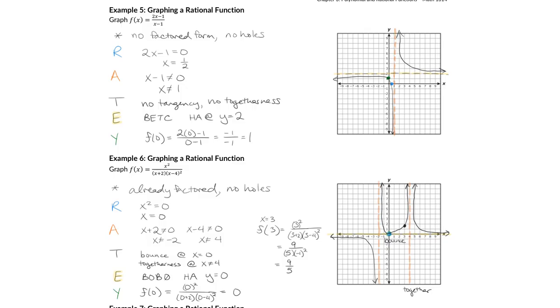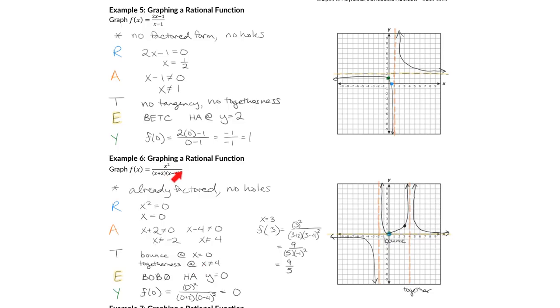About the togetherness. Yes. Just in general? So in this one up here, there was no squares. So there's no tangency, no togetherness. Every x-intercept should cross through, and every vertical asymptote should be opposite. On this one, because there's a square in the numerator and a square in the denominator, there will be tangency at that x, so a bounce, and togetherness at the vertical asymptote that had the square.